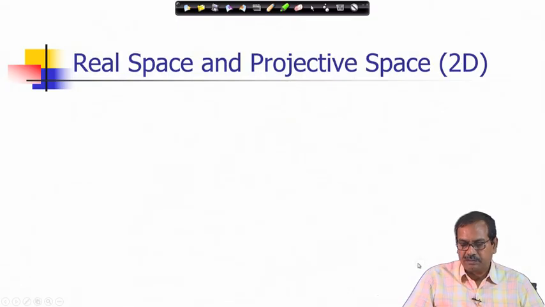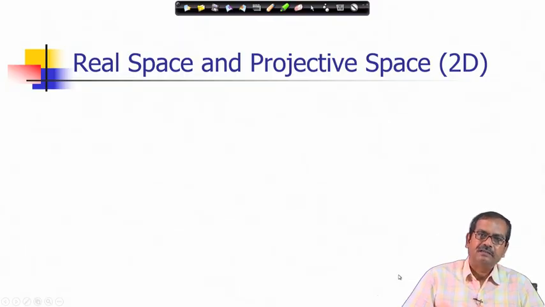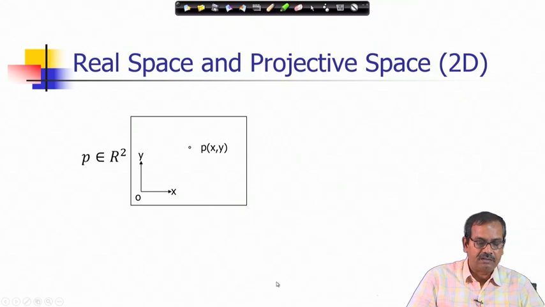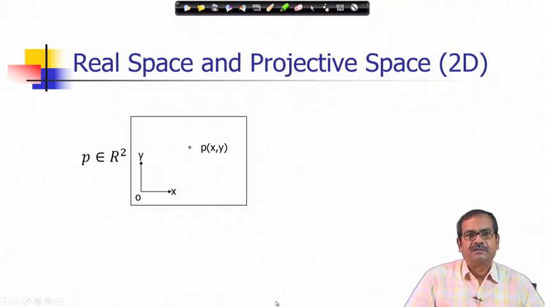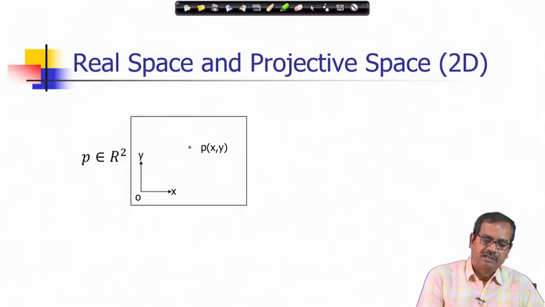Usually in mathematics we study our geometry in the real space, in our school book geometry or later on in analytical geometry. Consider a two-dimensional space where any point is denoted by a pair of coordinates, x and y.